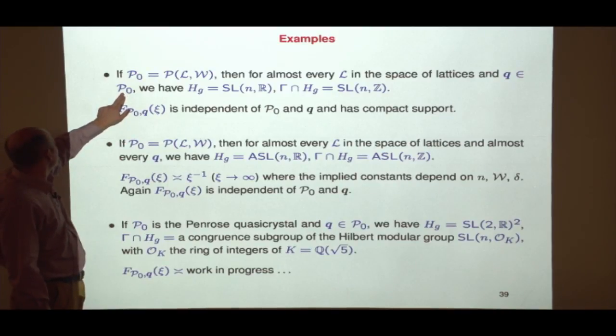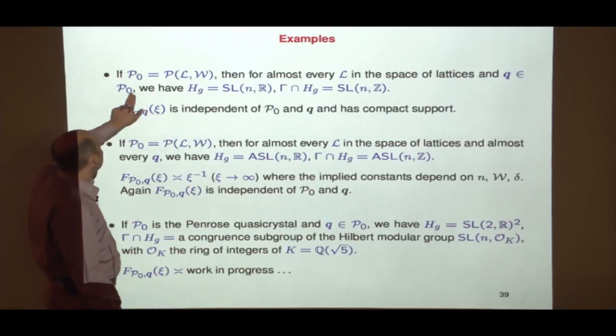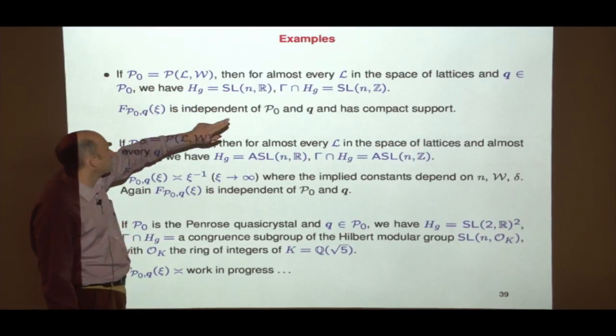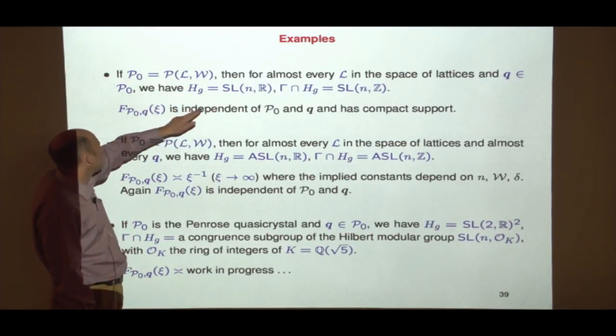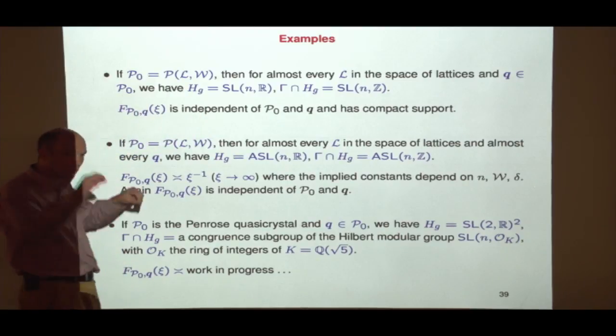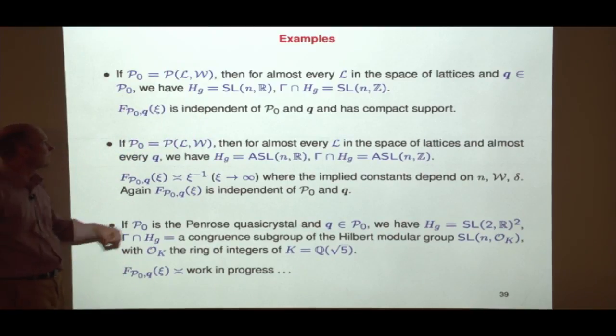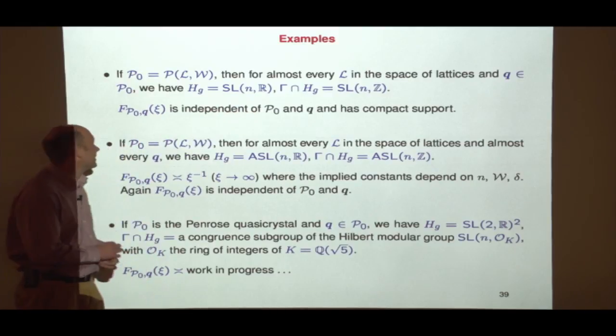If we would shoot off from a generic point, it will be the full group ASLdR. If we shoot off from a point in our quasicrystal, as discussed before, it'll just be SLnR.